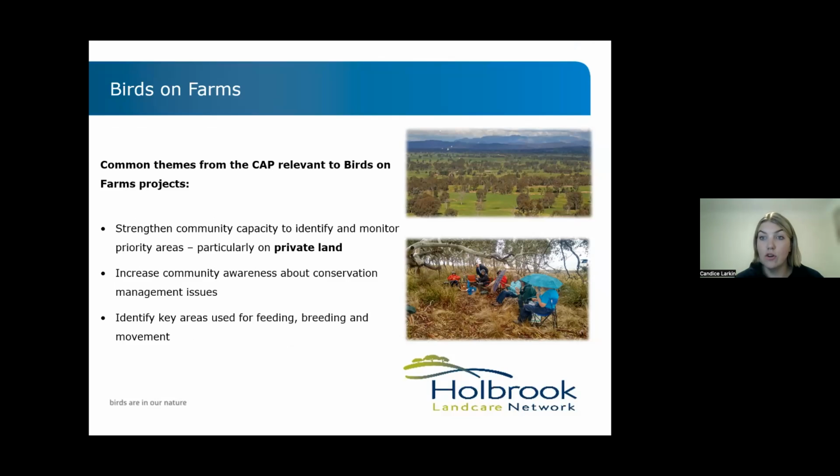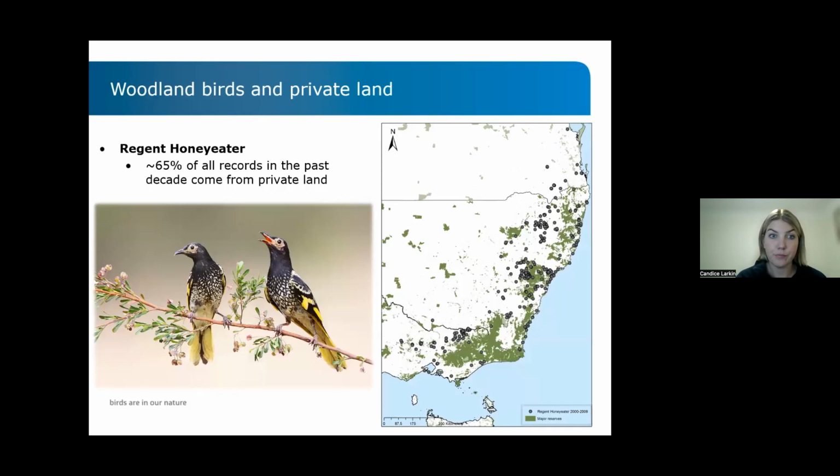So what we wanted to do was raise awareness about conservation on private land and the importance of preserving habitat on private land. And how we did that was we identified key areas used for breeding and feeding and even movement throughout the landscape. And then we got in touch with farmers and tried to encourage them to adopt a voluntary conservation agreement with us.